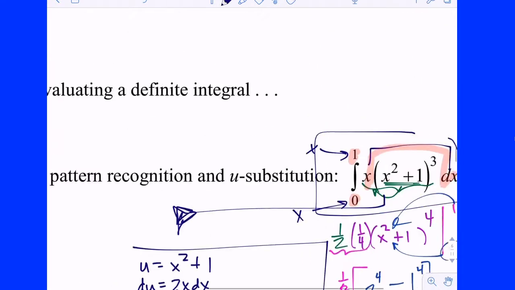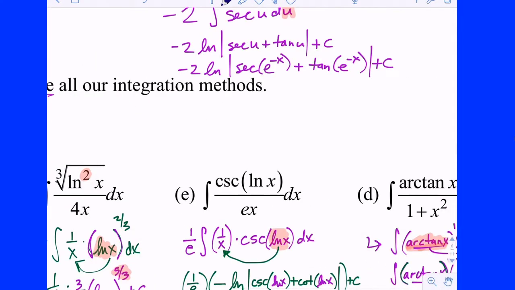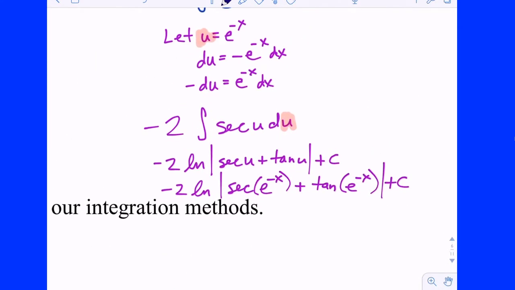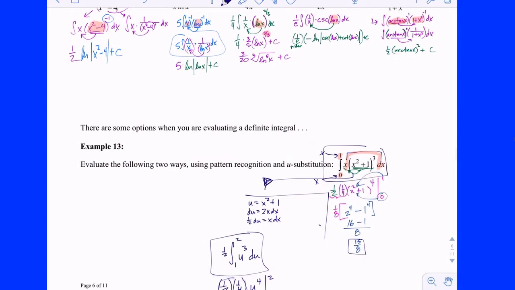So if it's an indefinite integral, remember, and you do use substitution, you cannot leave it in the end as a function of u. Like this line here, you can't just walk away because it's an indefinite integral. You have to replace u back with what it was. But if it's a definite integral and you use u substitution, as long as you change the intervals of integration, you don't have to put it back in terms of x. Okay? Pretty neat.